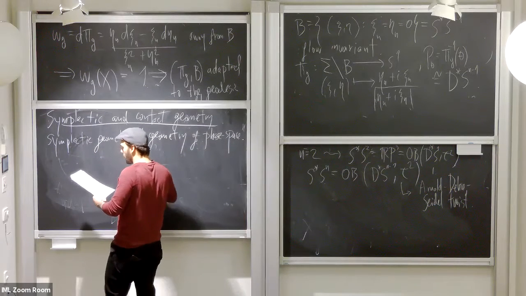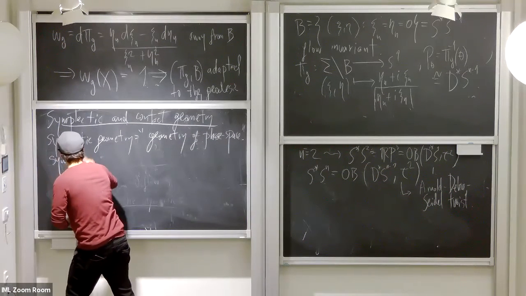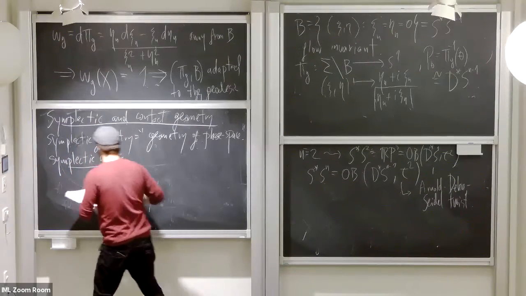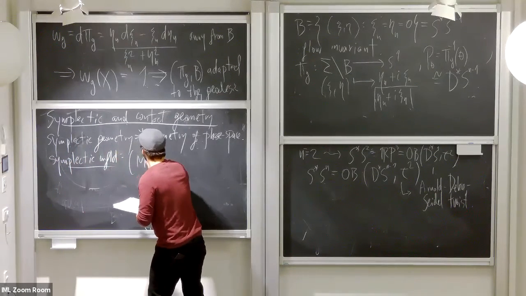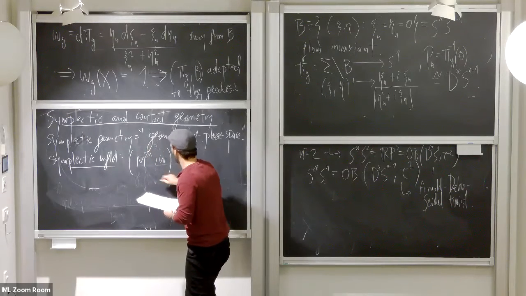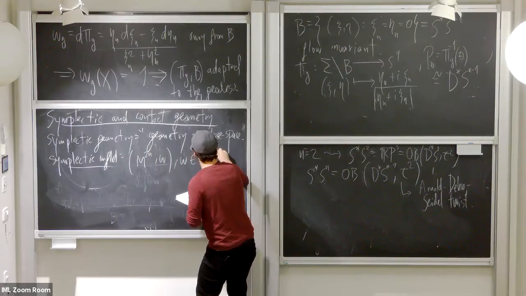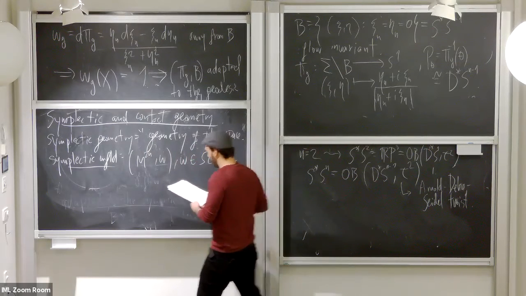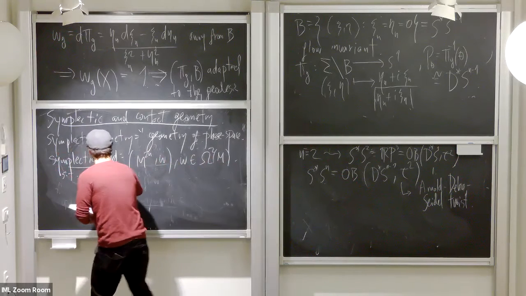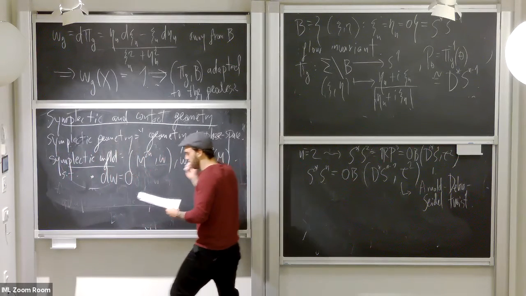So formally, a symplectic manifold is just a pair of a manifold M, which is 2n dimensional, so an even dimensional manifold, with a 2-form omega defined on M satisfying two conditions. First, it is a closed 2-form, so its exterior derivative is 0.